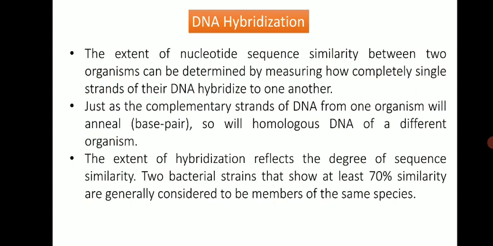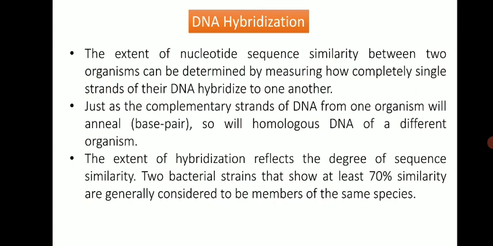The condition is that the two strands of DNA or RNA must be separate, or single stranded, and to form a DNA-DNA hybrid or a DNA-RNA hybrid, the sequence similarity should be high, or there should be homology between the two strands.